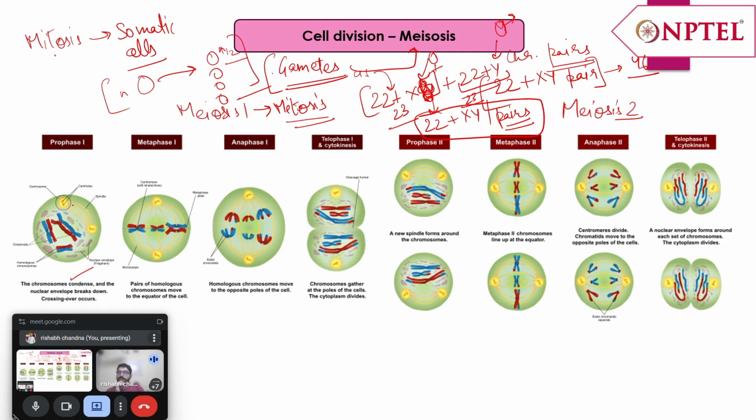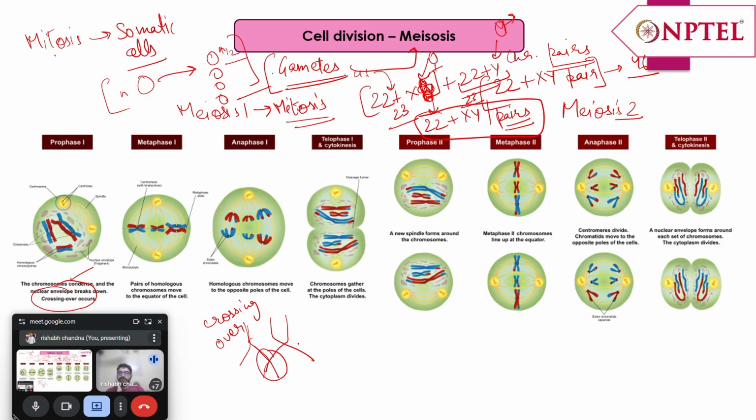Now here we have another term, that is crossing over. Crossing over is basically the exchange of the genetic material between two chromatids, from the pair of chromosomes.